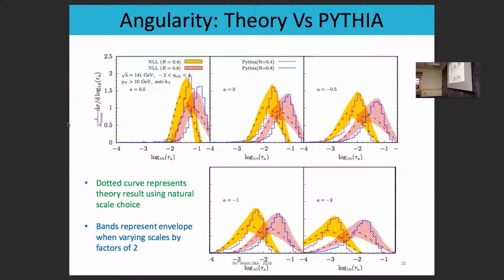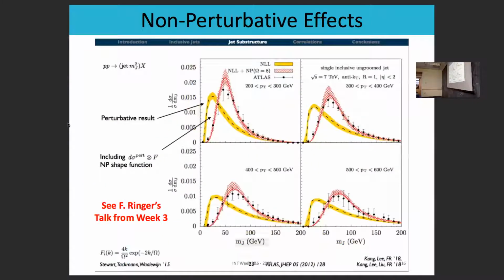I asked Felix this question in our probes, and he said he's arguing for grooming. He's saying if you groom the jet, then the PYTHIA calculation and the NNLL calculation would match up, right? That's the claim. I haven't seen the plot.